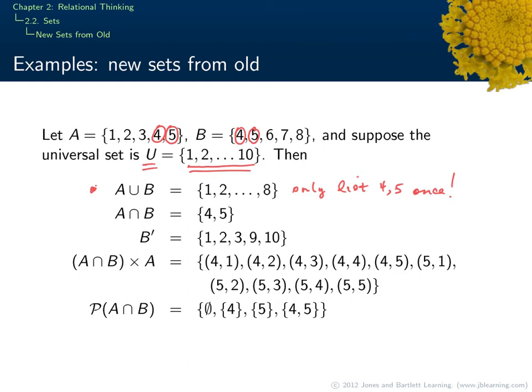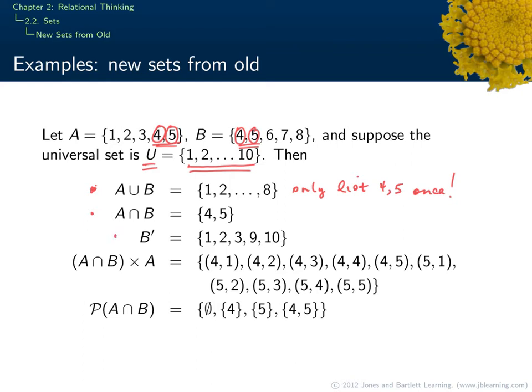Okay, the next object is the intersection of A and B. So intersection, remember, is all of the objects that live in A and live in B. And notice that the circled numbers here are exactly the numbers that occur in both A and B. And so that is our intersection.